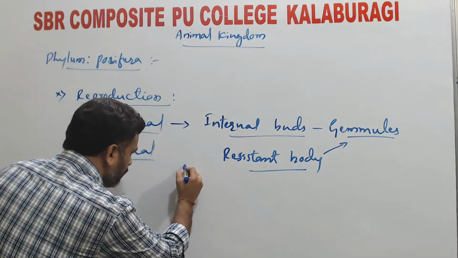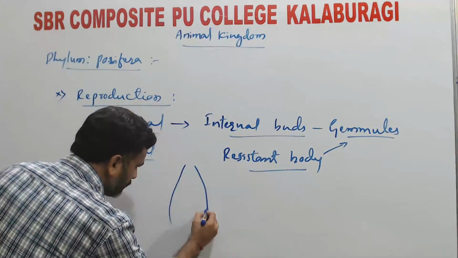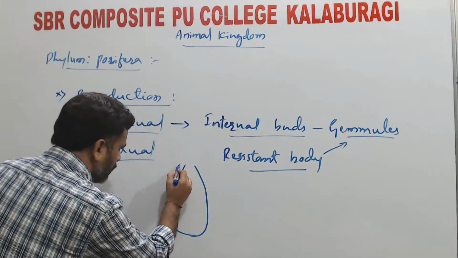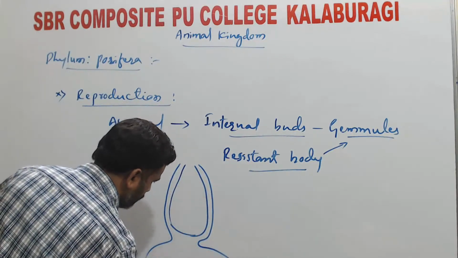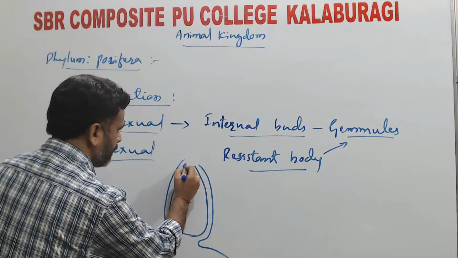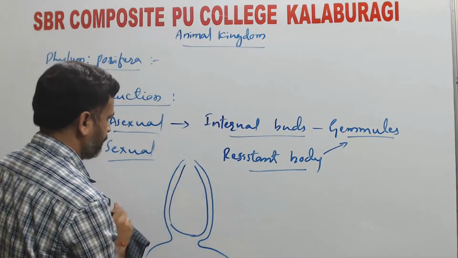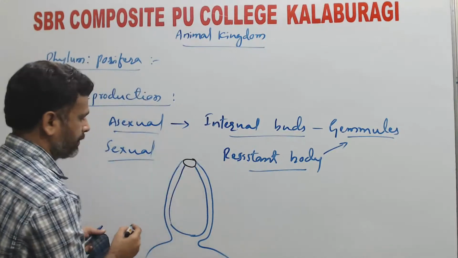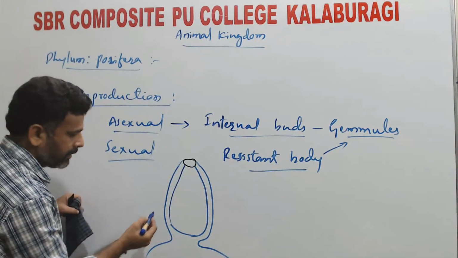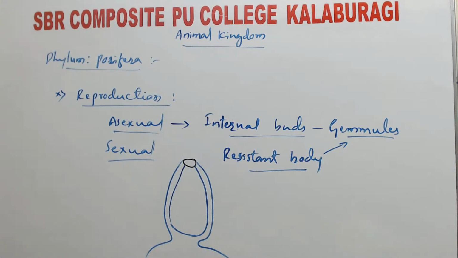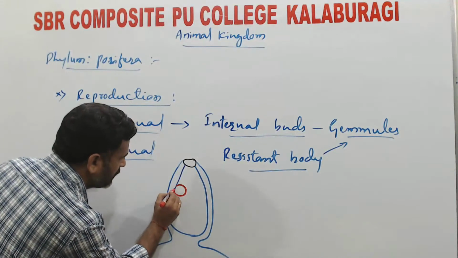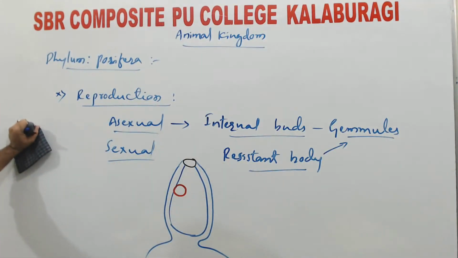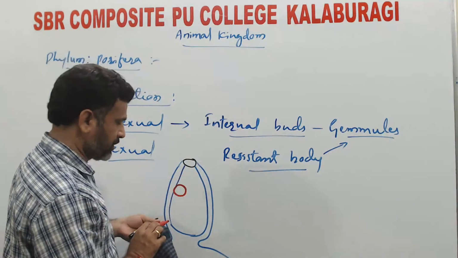If you observe one of the colonies, here is the osculum. Here there is a presence of the resistance bodies, which are produced within the body. These resistant bodies are referred to as gemmules.